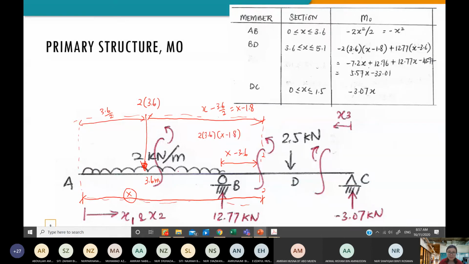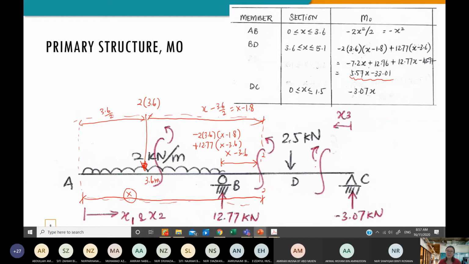It is acting in the same direction, so I have a negative sign. The other one is 12.77, which is the BY, and the distance is x minus 3.6. This is acting oppositely, so I have a positive. So opposite, positive, same side, negative. So this is my moment. Then I will need to simplify it.